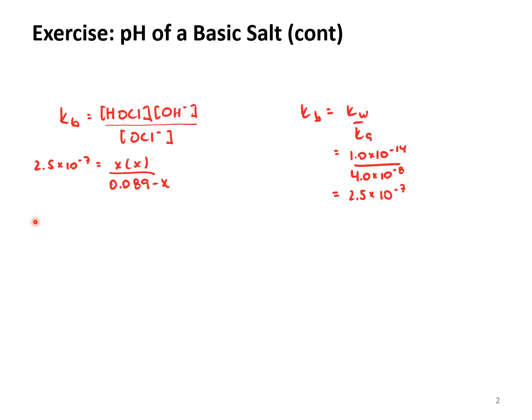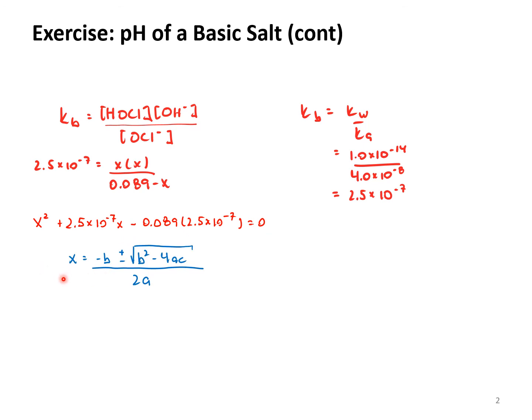Next, we just have to solve for X, and we can do this using the quadratic formula. Rearranging this into the quadratic equation gives us this expression, and then using the quadratic formula will allow us to solve for X. The quadratic formula will give us two answers because we have plus and minus.